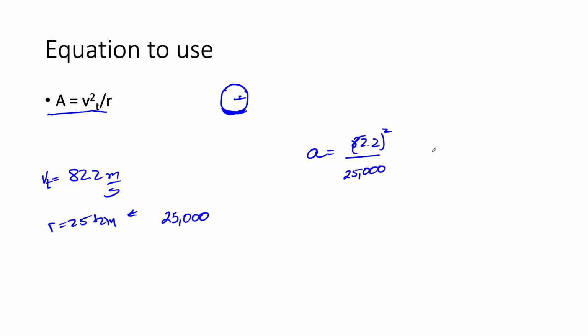Now, if we look at the units, velocity is meters per second, and we're going to square those, so that's meters squared over seconds squared. Then we're going to divide by a meter. So one of the meters cancels, and now we've got meters per second squared, which is acceleration.